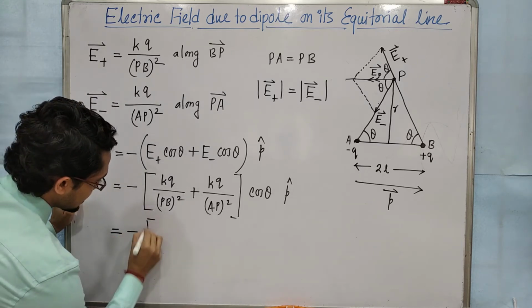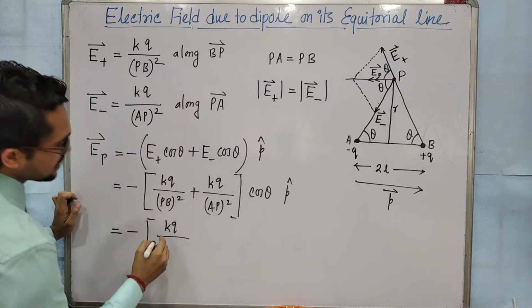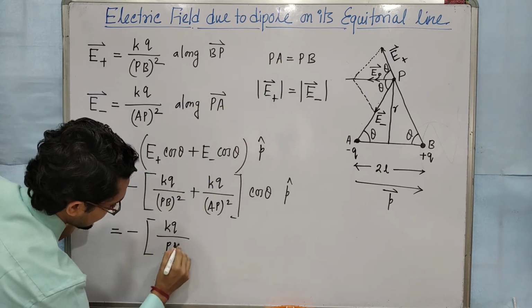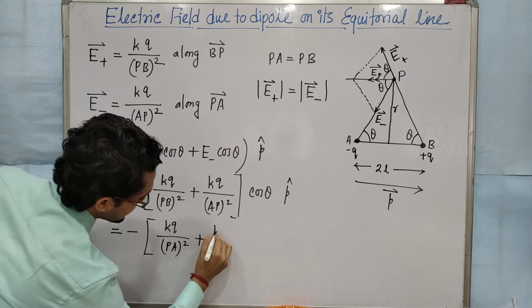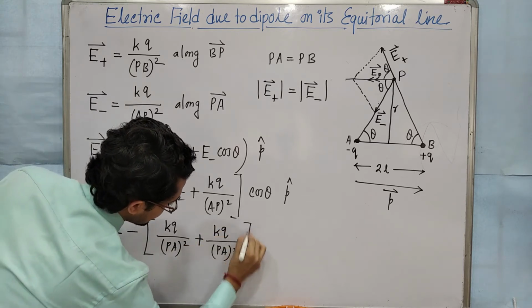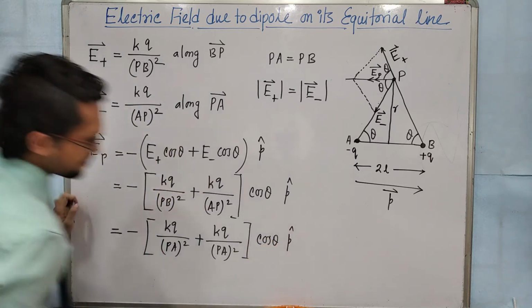So I can write it with any one. It will be minus KQ by PB. I am writing PA in place of PB. So KQ by PA square plus KQ by PA square, then cos theta P cap.